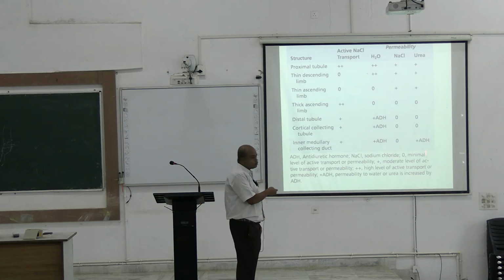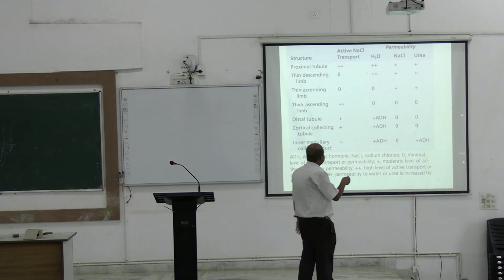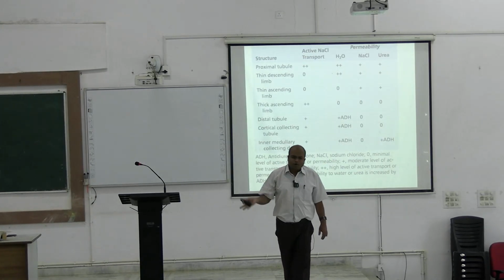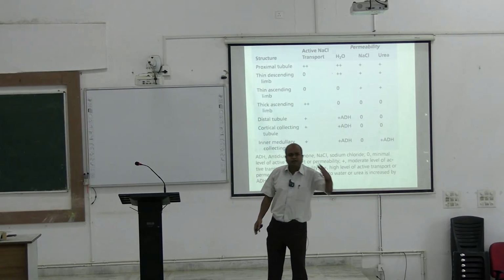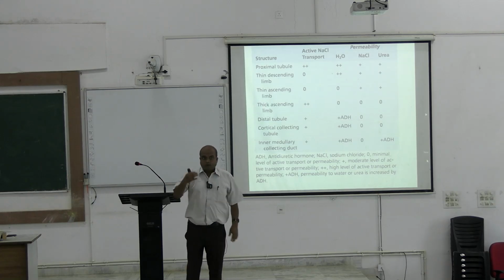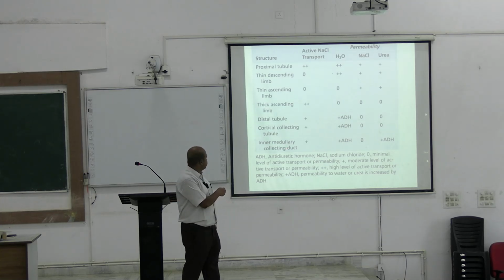We will just come to the role of urea in this hyperosmolar medulla. In case of urea also, even in the cortical part of the collecting tubule or collecting duct, some books will write it as collecting duct, cortical, which is in the cortex, not even the outer medulla, there is no permeability to urea. But under the influence of ADH, there is permeability to urea in the inner medullary collecting duct.